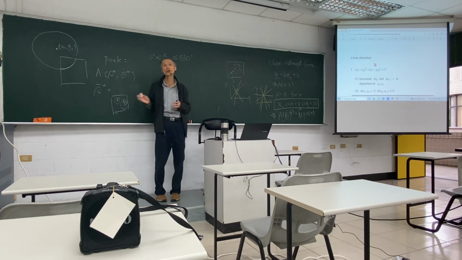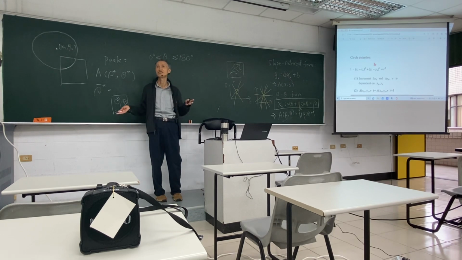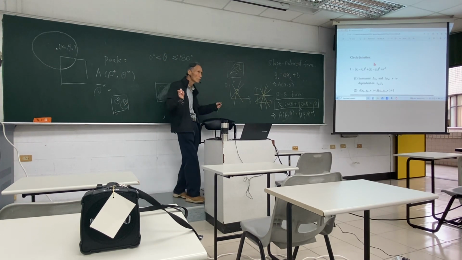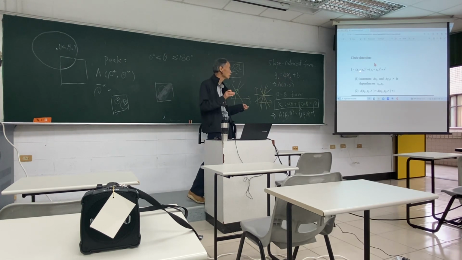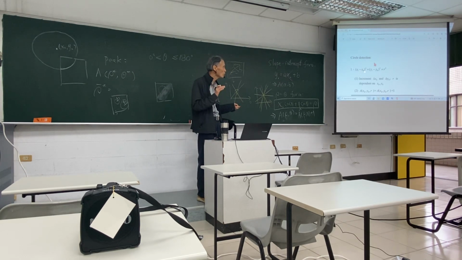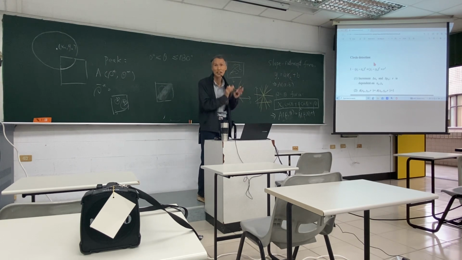Then you just need to try out R1 and R2. You don't need to try any other radius. But if you have no idea at all, you had better go for this equation. You try out every possible location, but remember the center may be out of the image range.